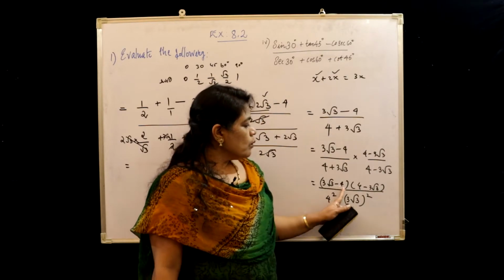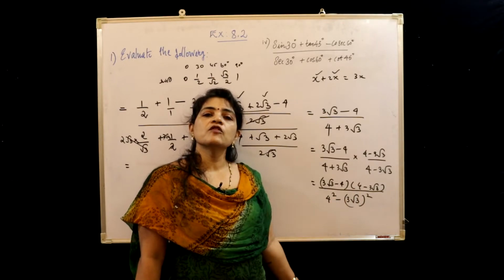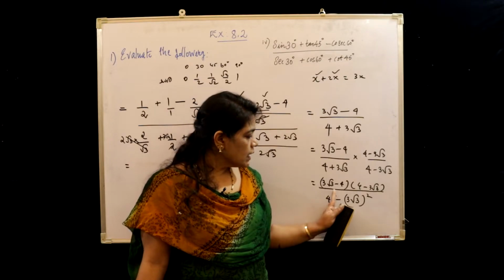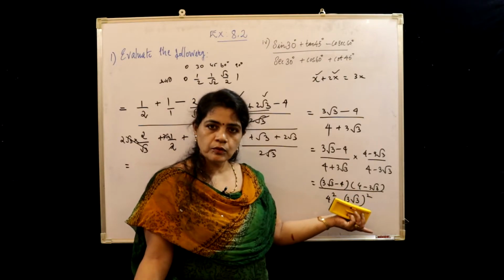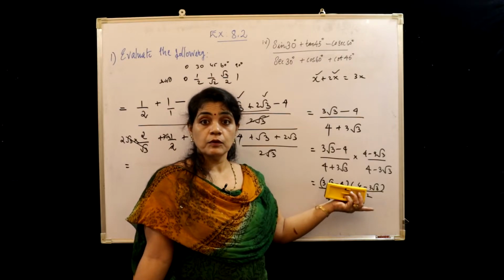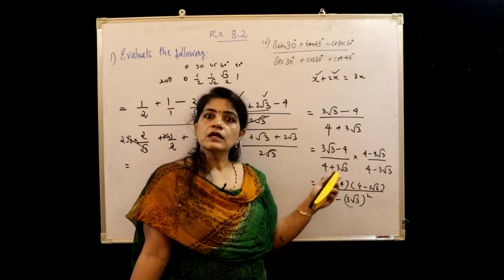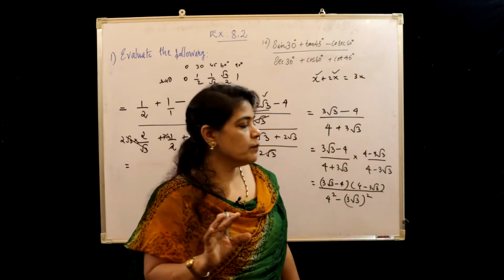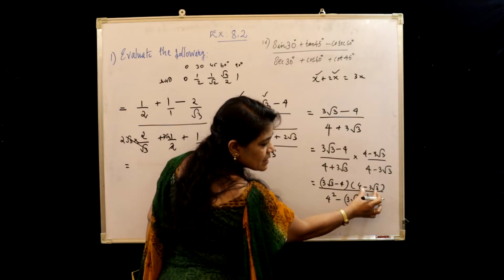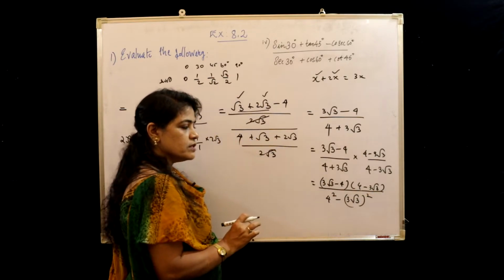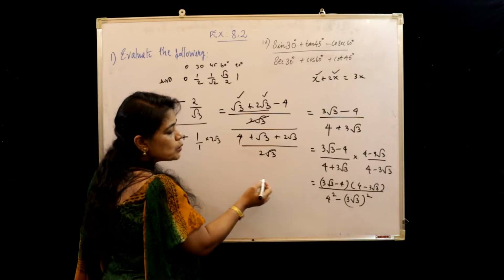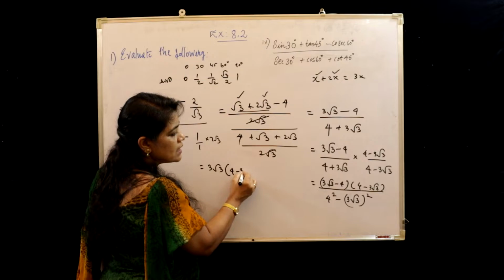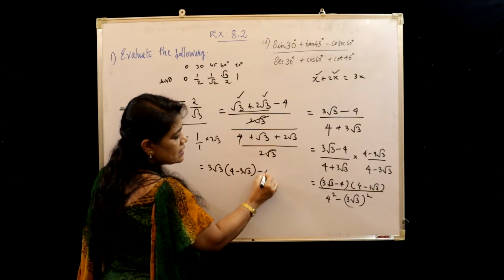Okay, now how can this numerator be simplified? Can we apply any of the identities? No, children, because here a plus b, a minus b is not possible, and a minus b, a minus b is not possible either, because the terms are different. So just multiply, open the bracket, that is term by term multiplication. That is, we multiply these terms with the first factor in the first bracket, that is root 3 into 4 minus 3 root 3, minus 4.